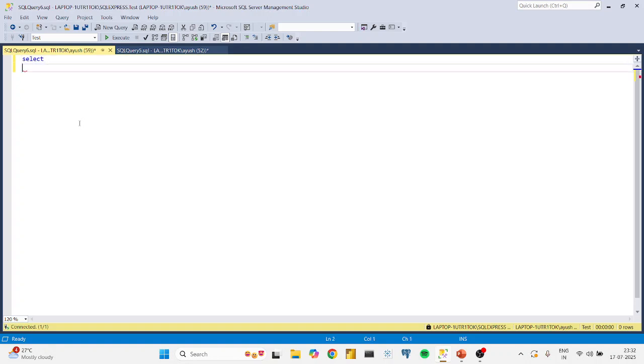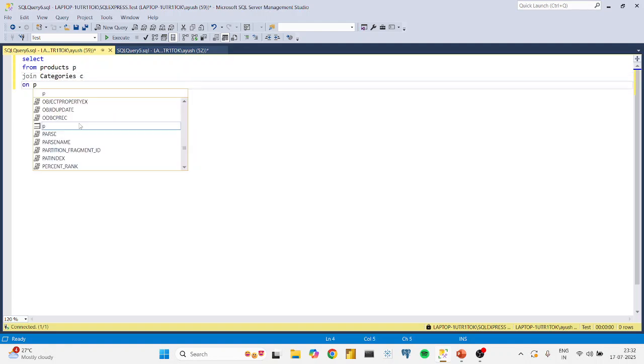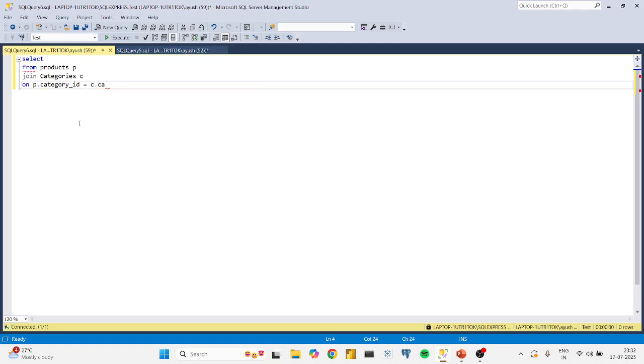So from products p, join category C on P dot category ID is equal to C dot category ID, where C dot is active is equal to 1, because first of all we have to find the active products.